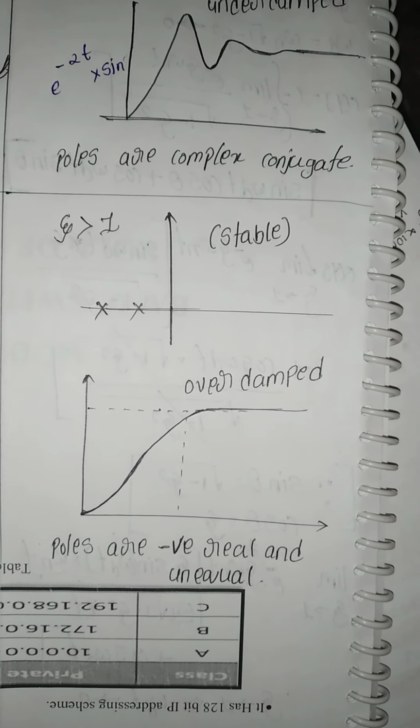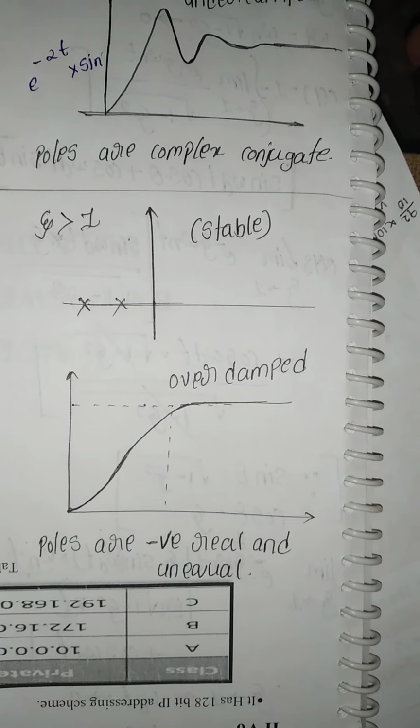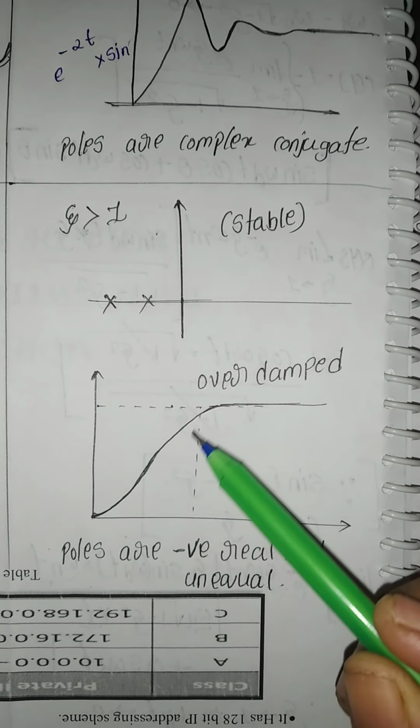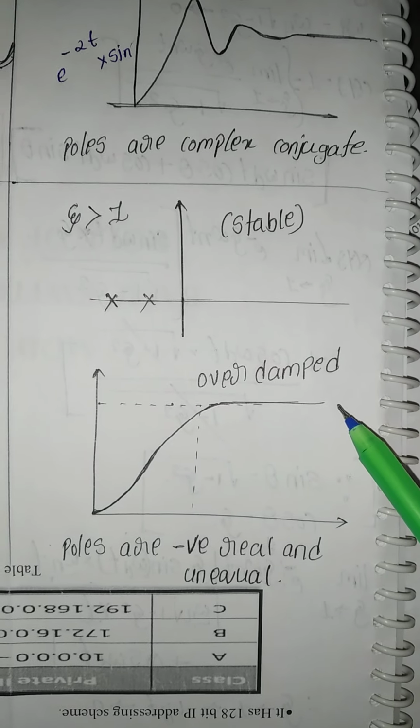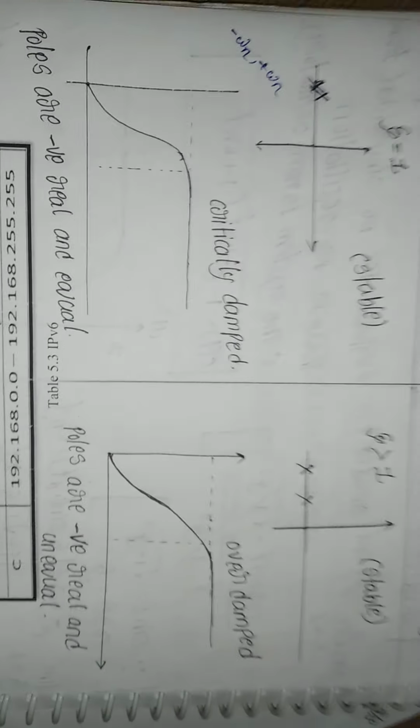The next case was when zeta is greater than 1. In this case, the output response reaches steady state, but the difference between critically damped and overdamped is in the time taken.